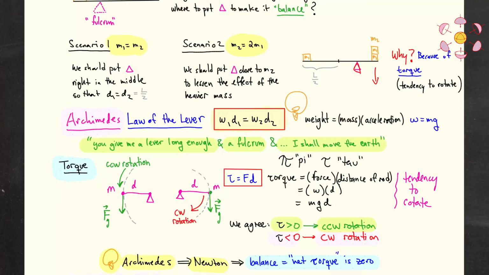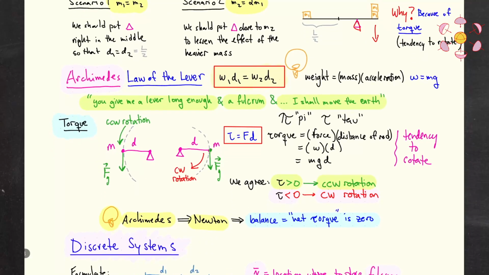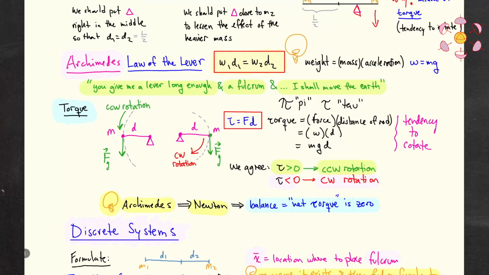So he kind of was the first person to put some mathematical formulas for this principle. And basically torque is just this tendency to rotate, and we're basically saying, okay, if torque is positive, we're going to have counterclockwise rotation, and if torque is negative, we'll have clockwise rotation, so as you can see in the little diagrams here.